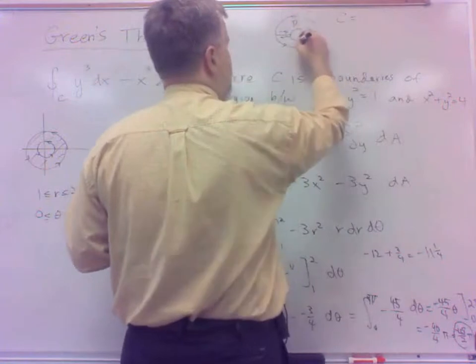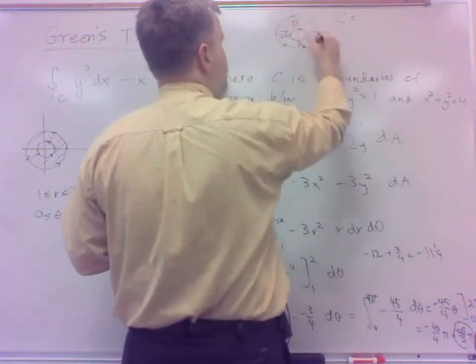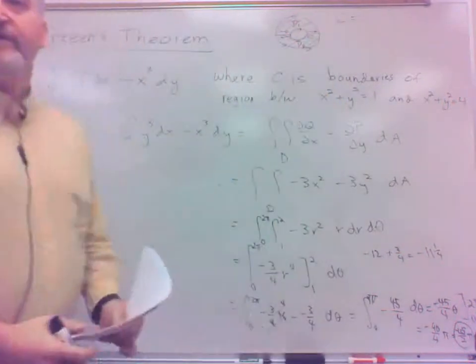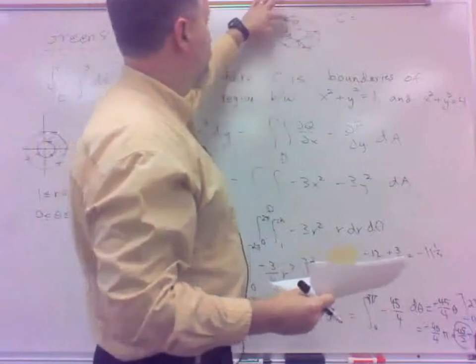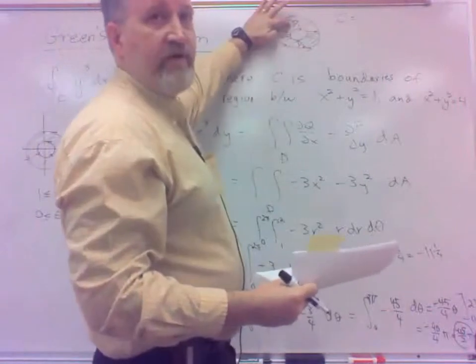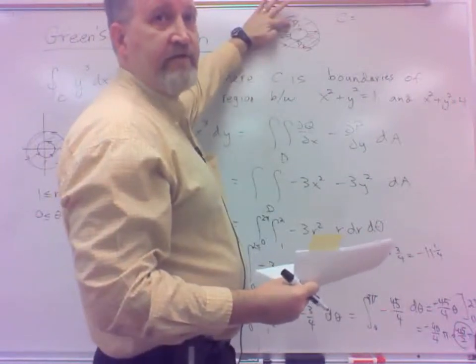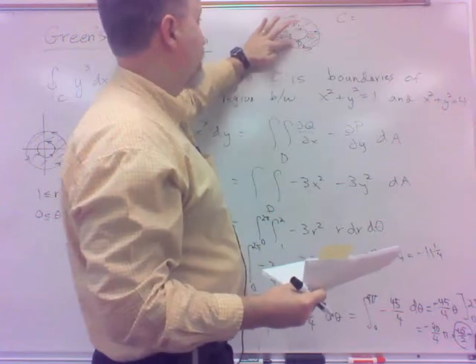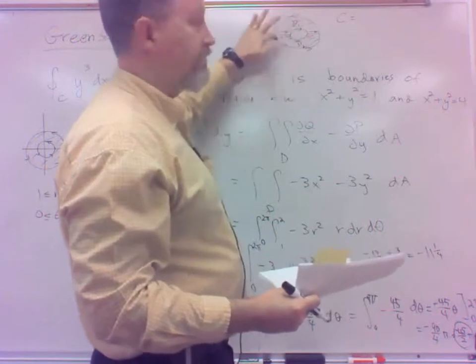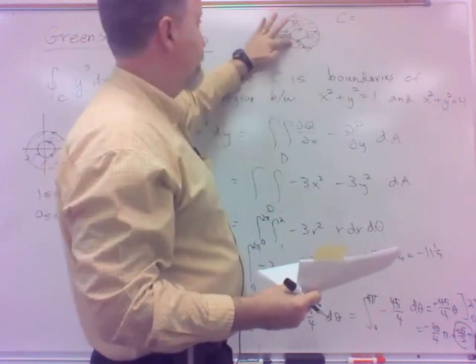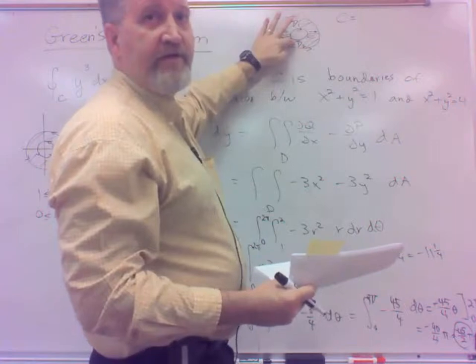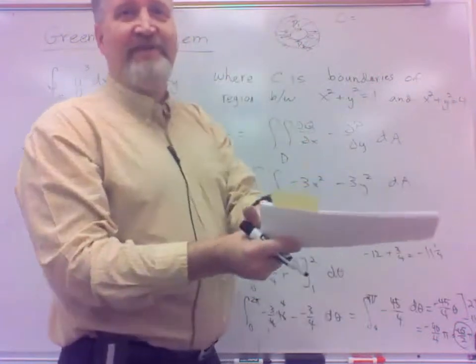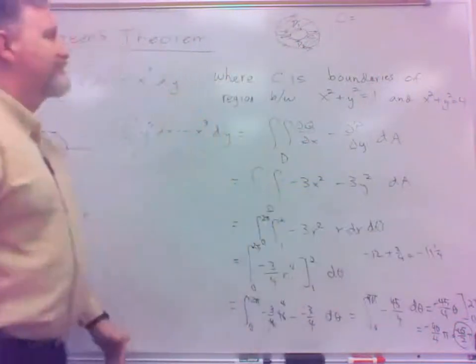This is D1 and D2, so D is these two. So you can do this line integral with this double integral over this area, and you wind up with the same two things.